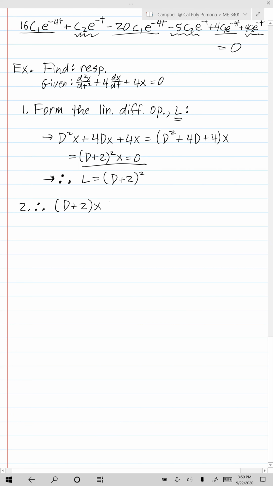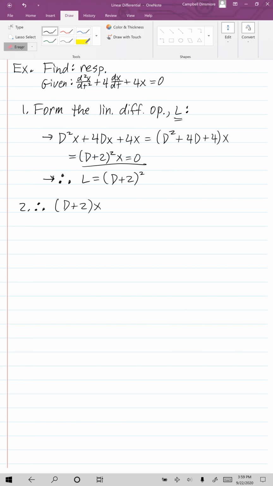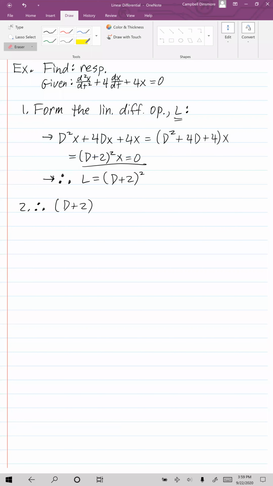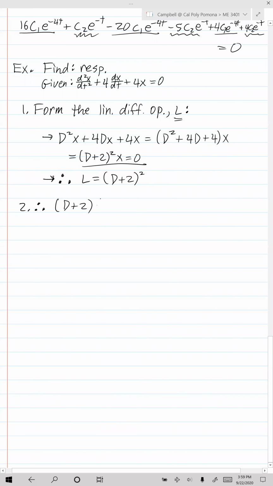So we get (D plus 2) times x. Now, if you want, let's make it a little bit more formal. We can represent this initially as (D plus 2) operating on (D plus 2)x is equal to 0. I'll include that particular step in there. And then we can go implies.